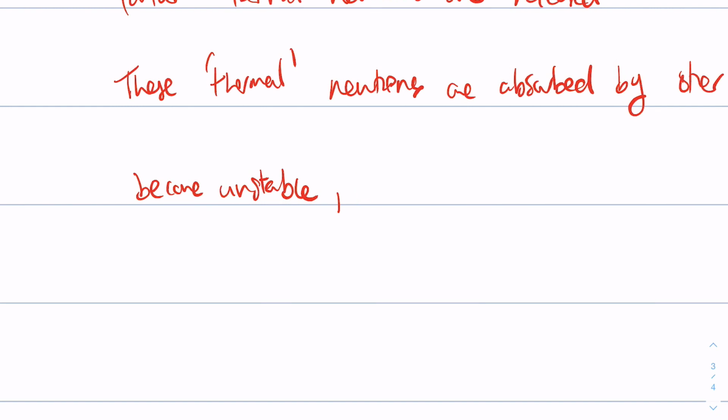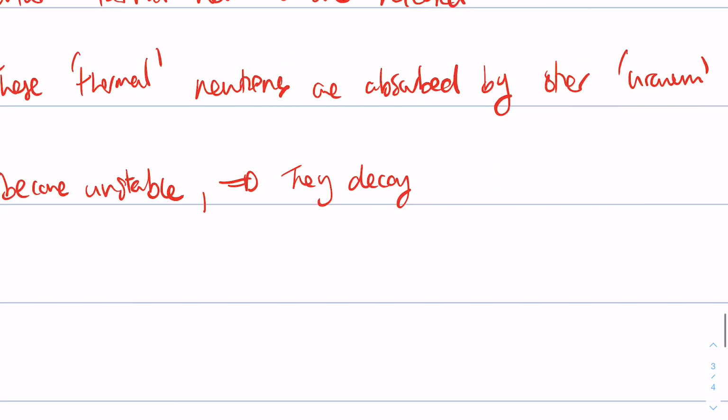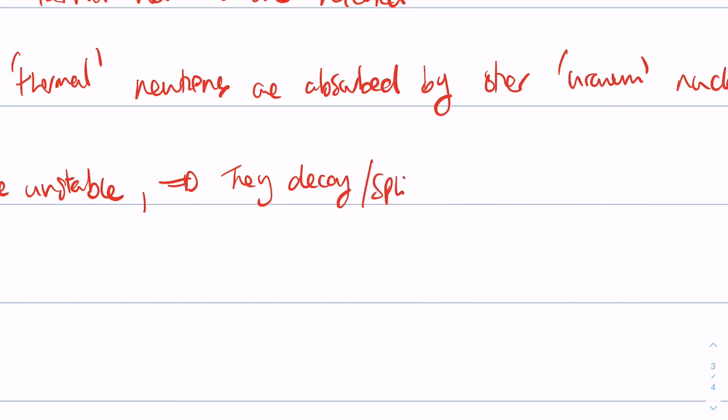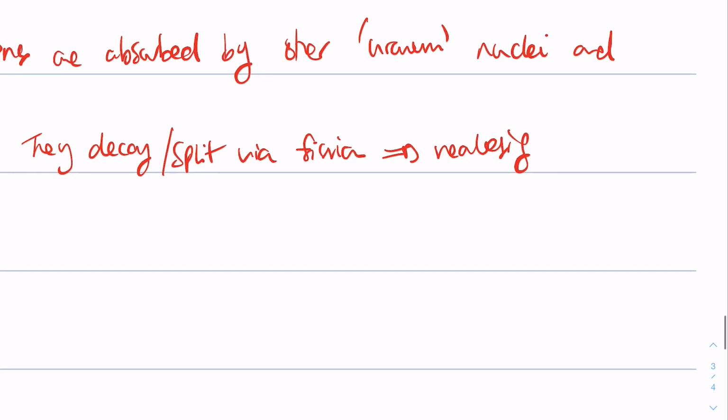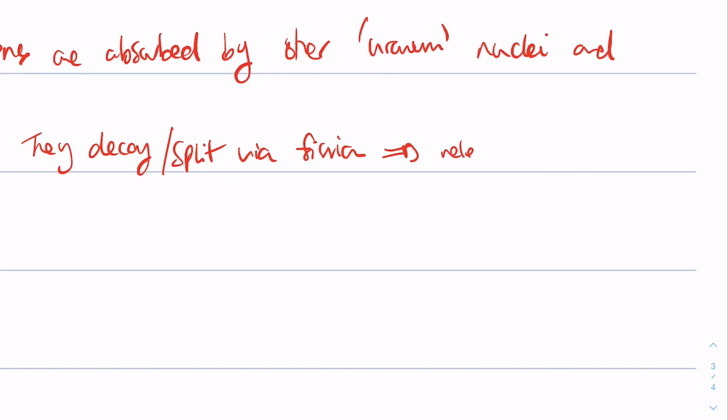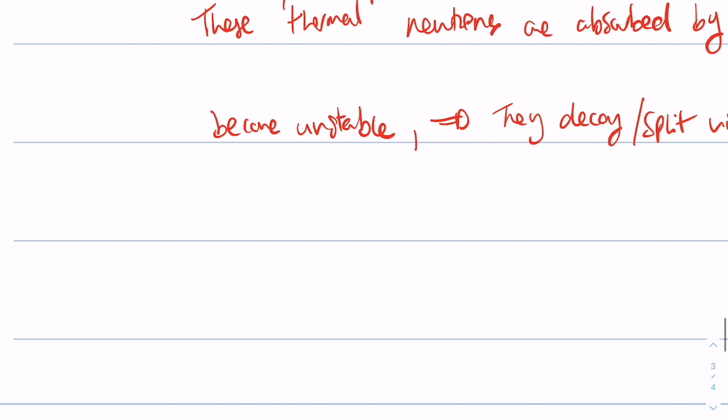Just put, therefore, they decay / split via fission, and therefore we loop back, therefore releasing. Let's write that properly. Releasing further neutrons. Therefore, chain reaction. Good.